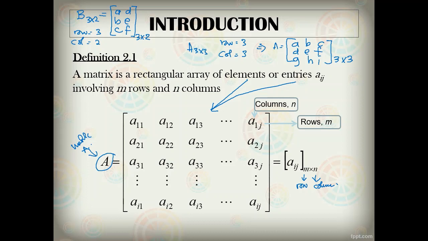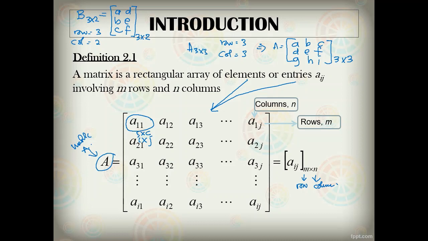The first entry, we name the same way we name the matrix, after row and column. The row is i and the column is denoted as j. So i is row, j is column.